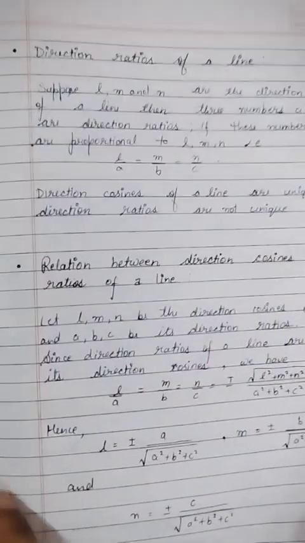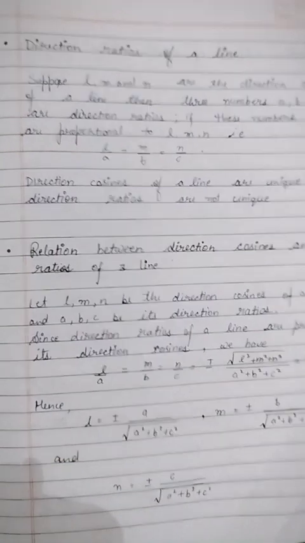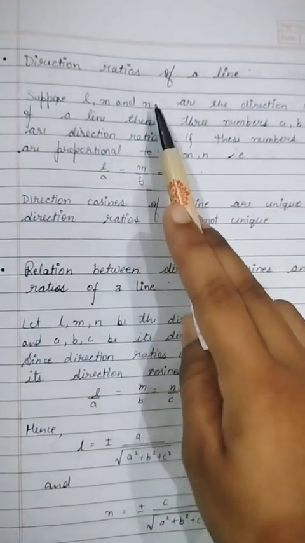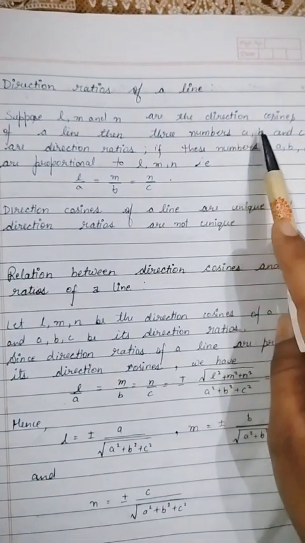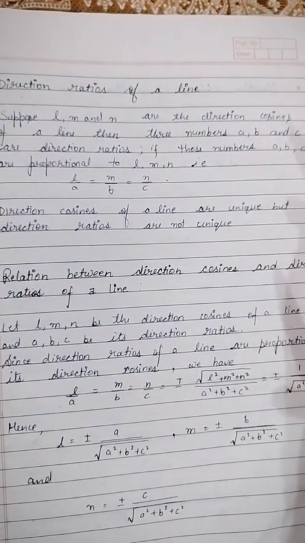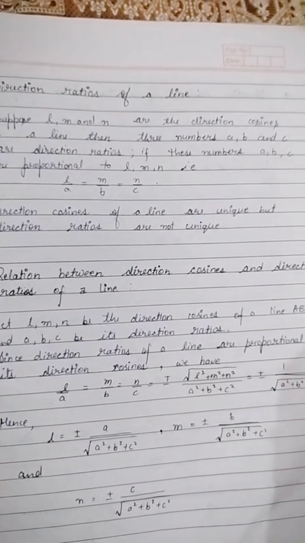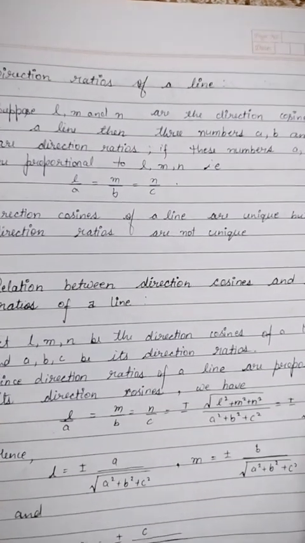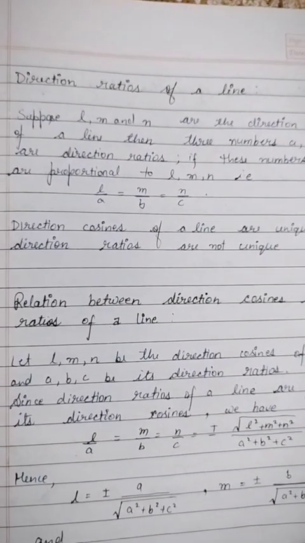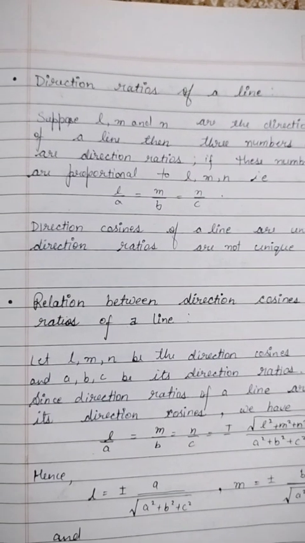Now we are going to learn about direction ratios of a line. We have learned that l, m, n are the direction cosines of a line. Then three numbers, let us say a, b and c, are direction ratios if these numbers a, b, c are proportional to l, m, n, that is l upon a is equal to m upon b is equal to n upon c.